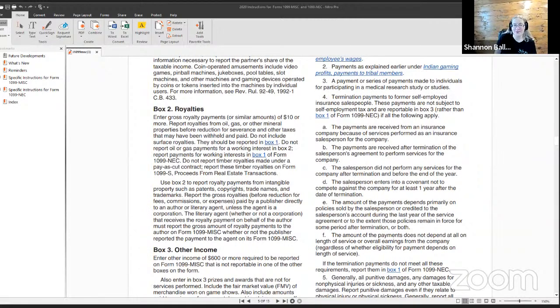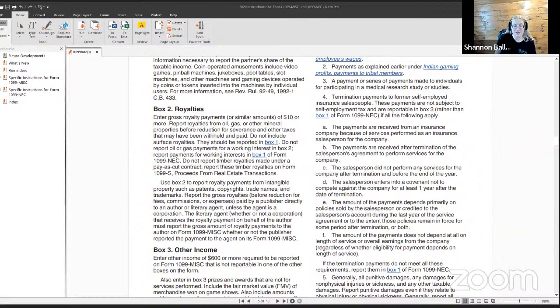Use box 2 to report royalty payments from intangible property such as patents, copyrights, trade names, and trademarks. Report the gross royalties before reduction of fees, commissions, or expenses paid by a publisher directly to an author or literary agent, unless the agent is a corporation.